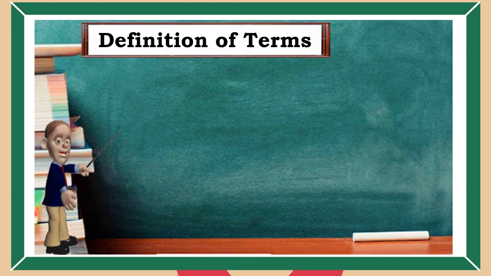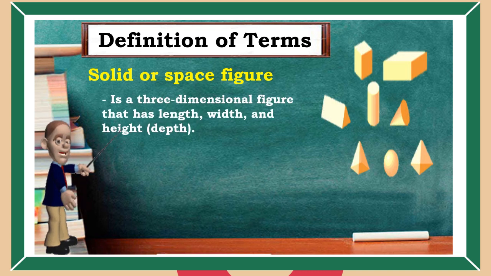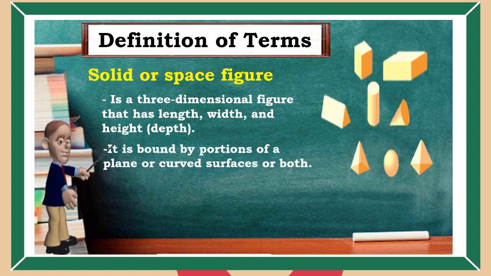Now, we will take a look on the terms that we will going to use. Solid or space figure is a three-dimensional figure that has length, width, and height. It is bound by portions of a plane or curved surface or both.